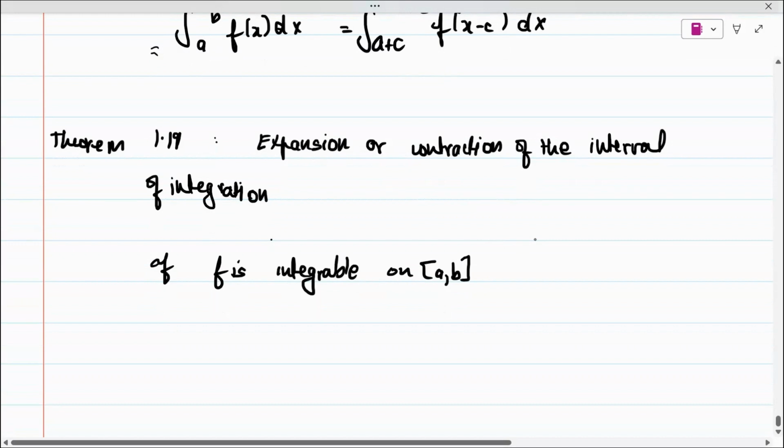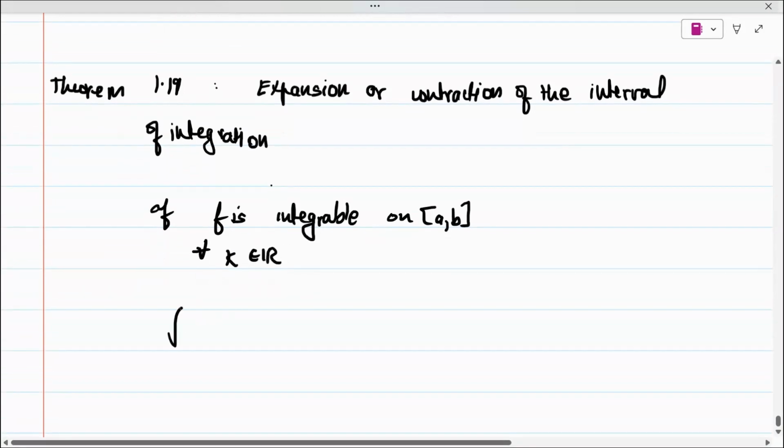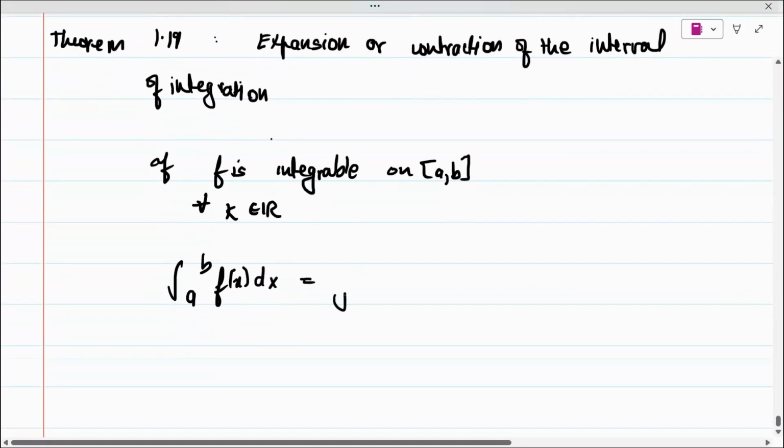Generally, they say if it's integrable, you can just take the monotonic function and improve it. But more generally, for every real k, this integral, which the theorem says, is equal to that.